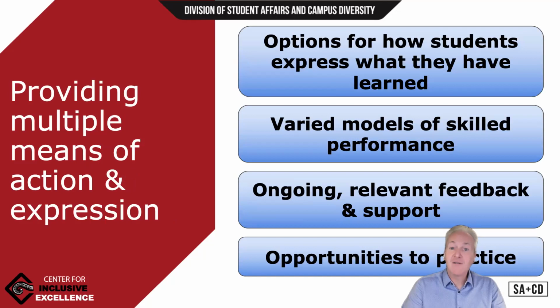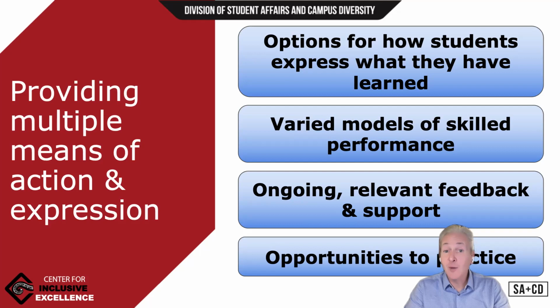Providing multiple means of action and expression guides us to examine how learners interact with learning environments and express their comprehension of the learning content. We can give students options for how they express what they know. We can provide varied models of skilled performance.